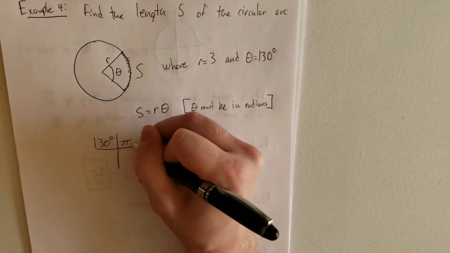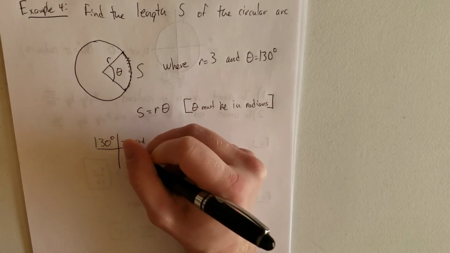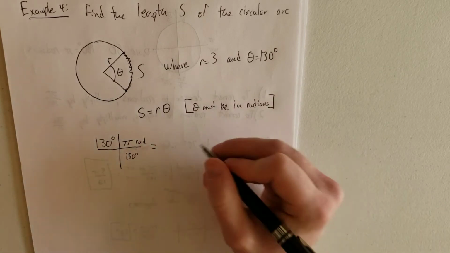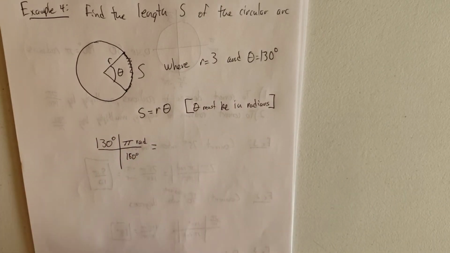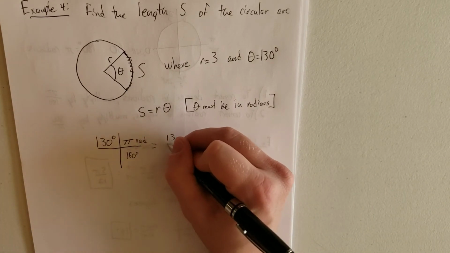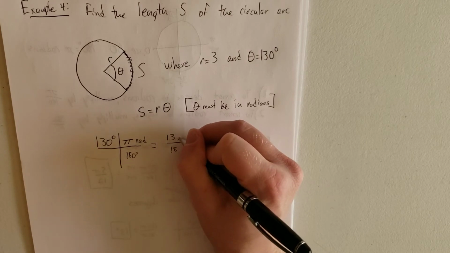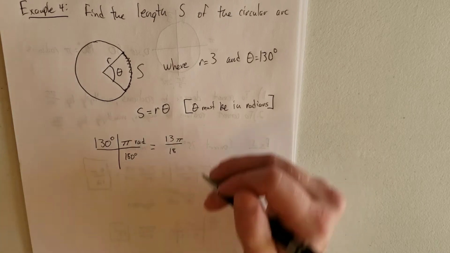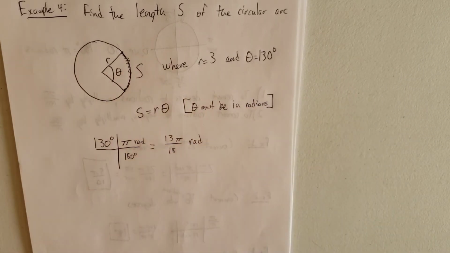So if we're converting degrees to radians, we multiply by pi radians and we divide by 180 degrees. So this is 130 over 180. That is the same as 13 over 18. So this is 13 pi over 18. And this is in radians. That is our angle measure in radians.